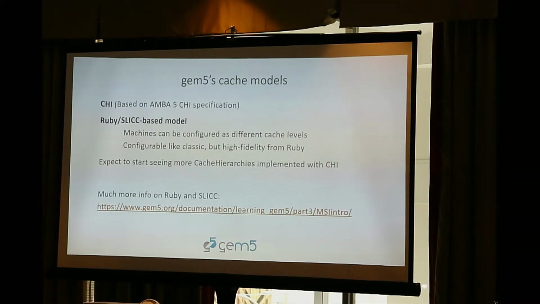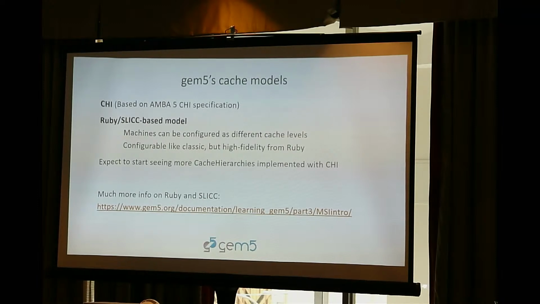We also have a relatively new cache model in the last year or two, which implements the AMBA-CHI specification. Not completely, but with enough to get a lot of things to work. This is based on Ruby and SLICC, so it's really high fidelity. But the cool thing is that it's just one model, again, one cache, which will be configured to be any kind of cache in the system.